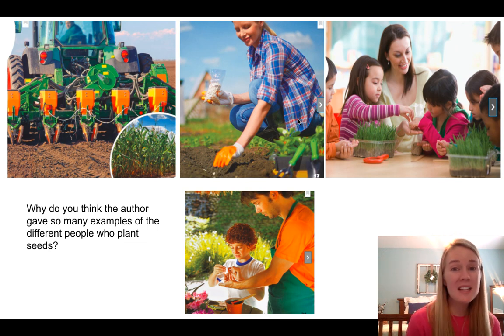And people plant seeds for different reasons. This farmer, he plants seeds because it's his job. He sells those crops. This teacher, why is she planting seeds? She's teaching, right? That's why they're planting seeds. She's teaching her class. So anybody can plant a seed, and people do it for different reasons.